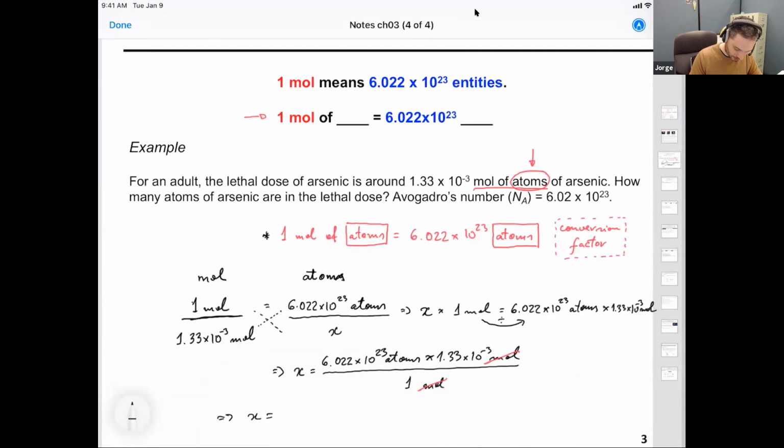What's left here? So now I'm going to organize numbers and powers. Just to make it a little bit simpler, I'm going to write 6.022 times 1.33, and then I will write everything that has powers: 10 to the 23rd times 10 to the minus 3.